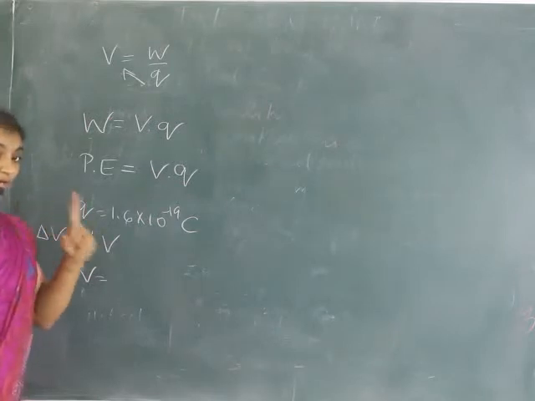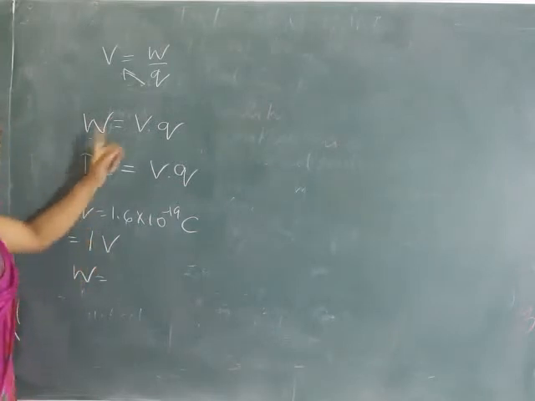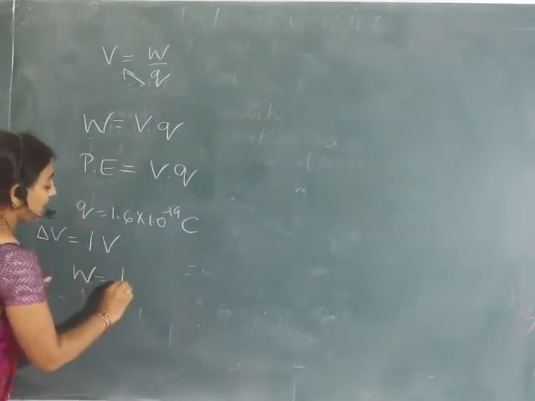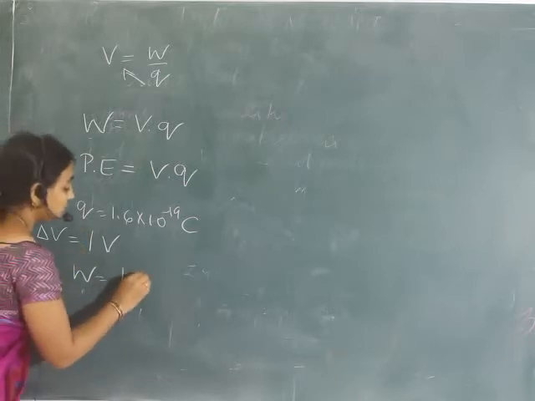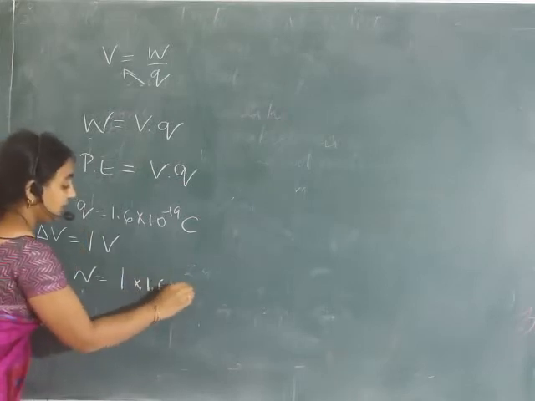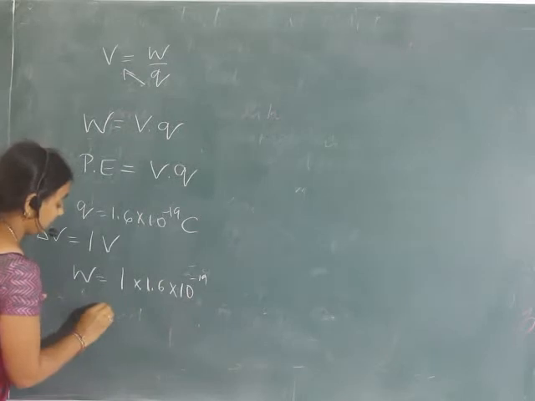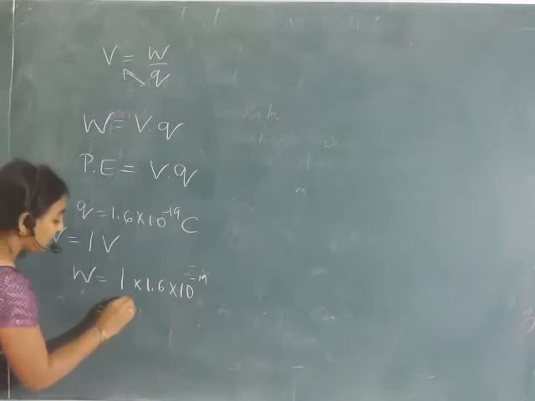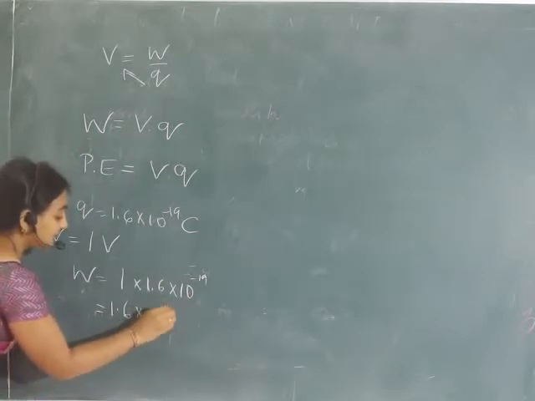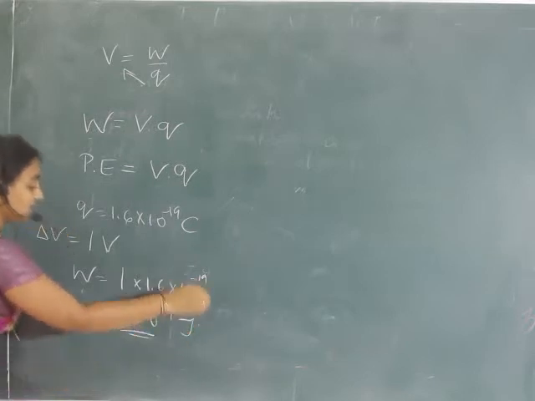Delta V is equal to 1 volt. Then the work done is nothing but 1 volt into this charge. Correct? So I can write work done is equal to 1.6 into 10 to the power minus 19 joules.